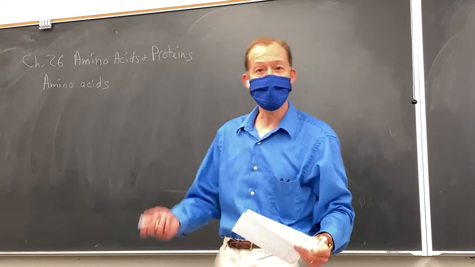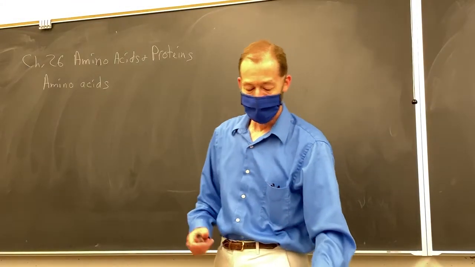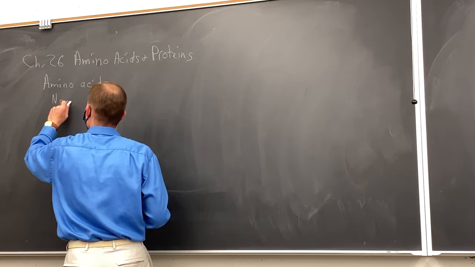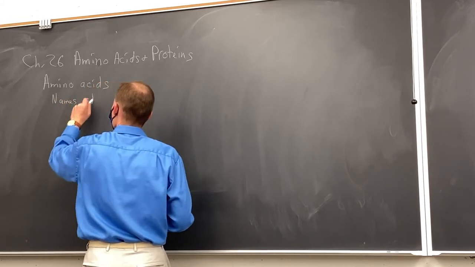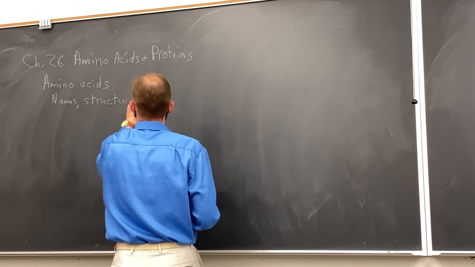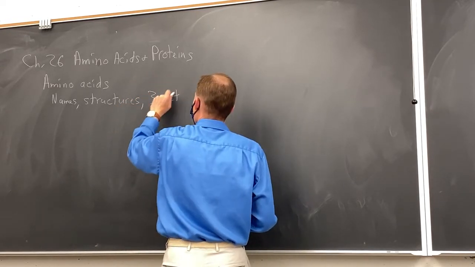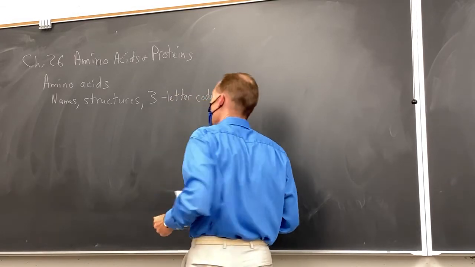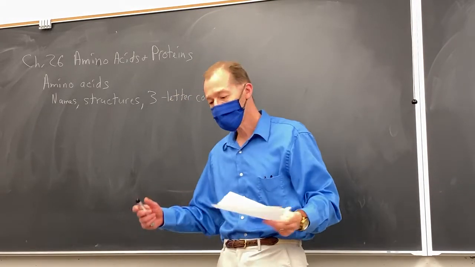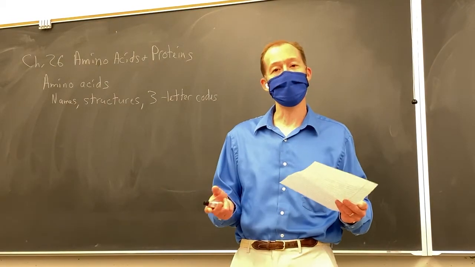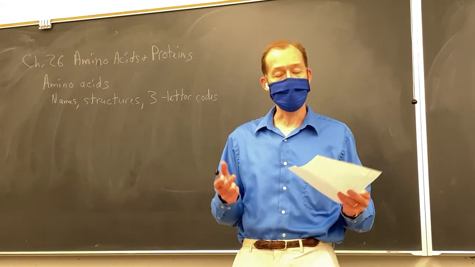And we told you that you do need to memorize the names, the structures, and the 3-letter codes. So our criteria for asking you to memorize information was we just asked you to memorize the structures of the biologically important compounds.